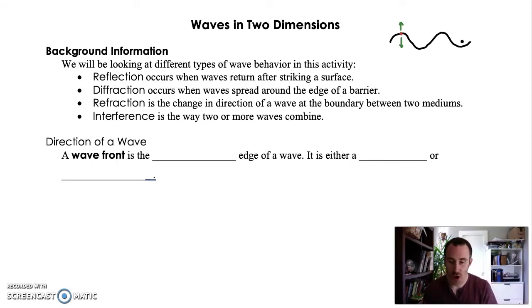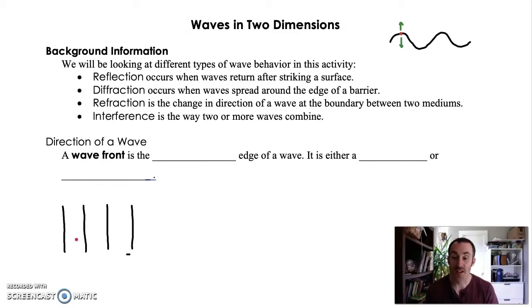Okay, so let me just draw a couple things before we get into what those blanks are. Let's say that you are above the ocean looking down on the waves. What you would see is a set of what we call wave fronts. You would probably see the tops of the waves because they're the lightest in color, I mean, not lightest in mass.